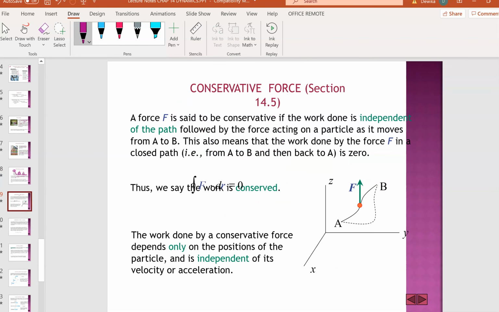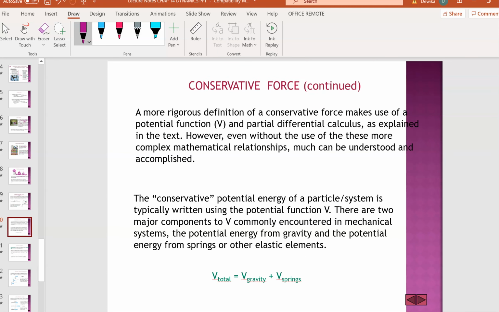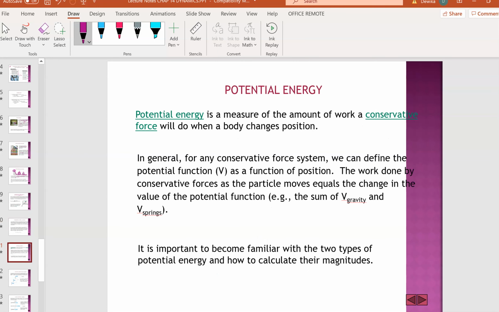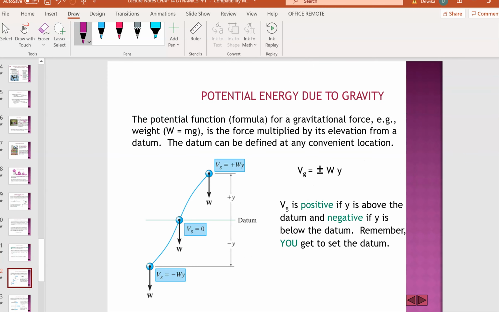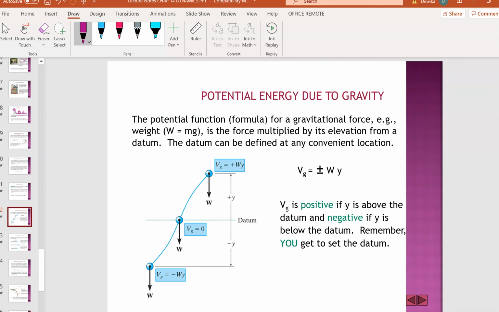Now let's go into our lesson on conservative forces. I would just write the summary instead of reading everything to you. Whatever energy you have initially is equivalent to the final. We have the potential energy due to gravity, and we also have potential energy due to the spring.